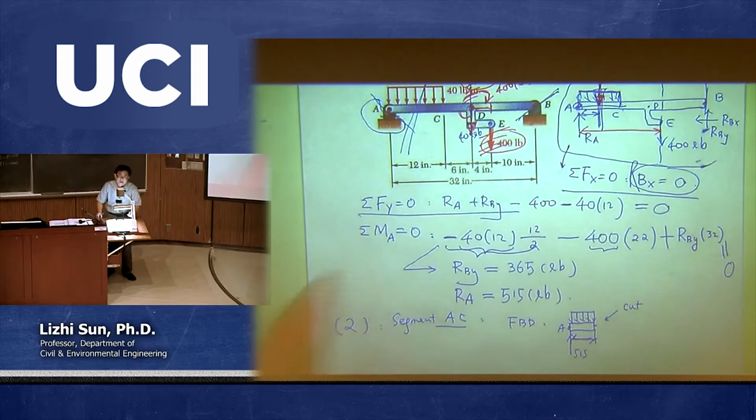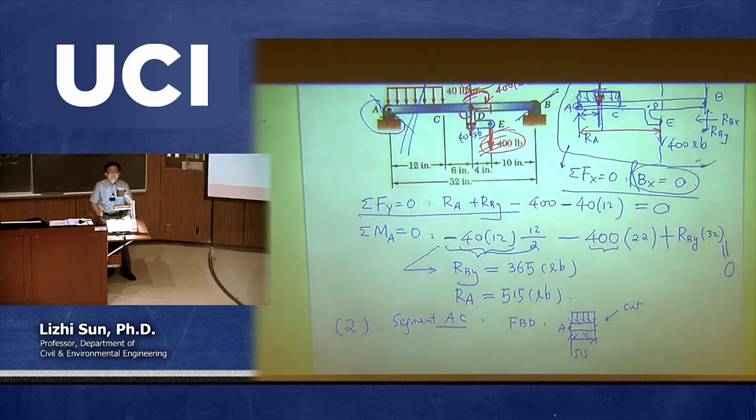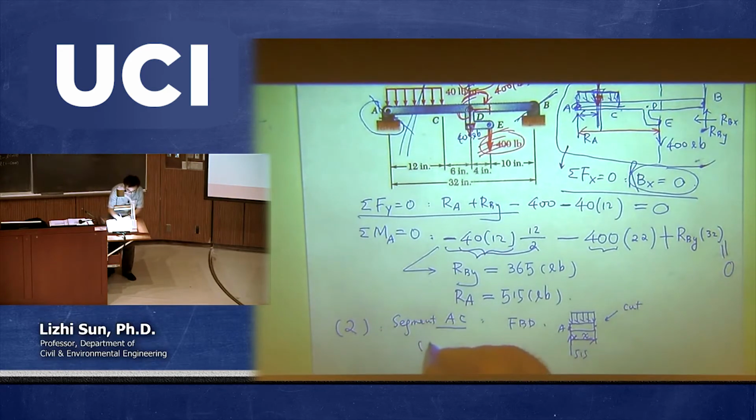But I want to make it typical. That means I need to call this X, because X can be anything from 0 to 12 inch. So that's why it's called the minimum number of cuts. I use one cut to be equivalent to all the cuts between A and C, as long as I make X movable from 0 to 12 inch.